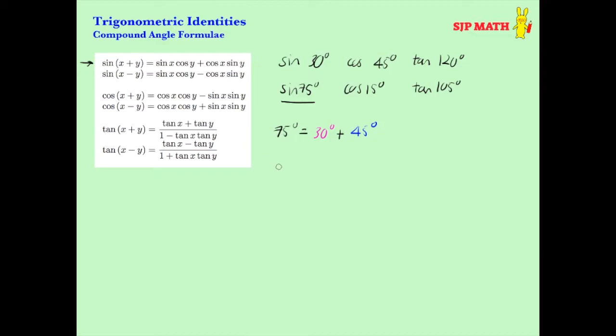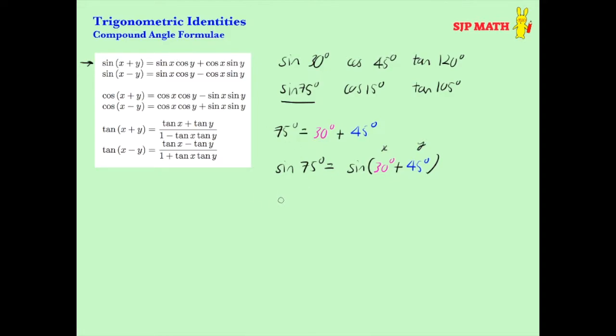So the sine of 75 degrees can be written as the sine of 30 degrees plus 45 degrees. Using this equation, let's put 30 as x and 45 as y and plug in these values.